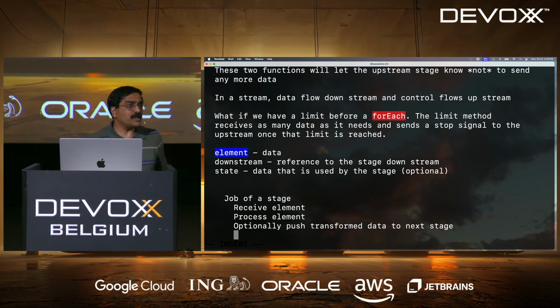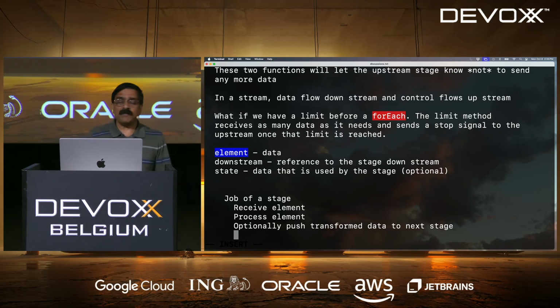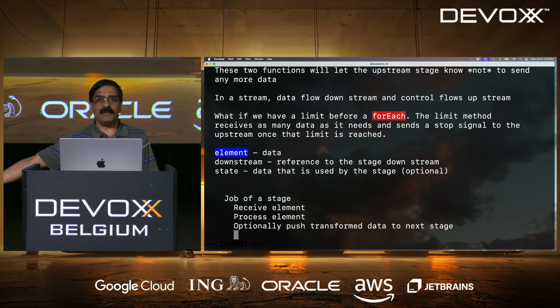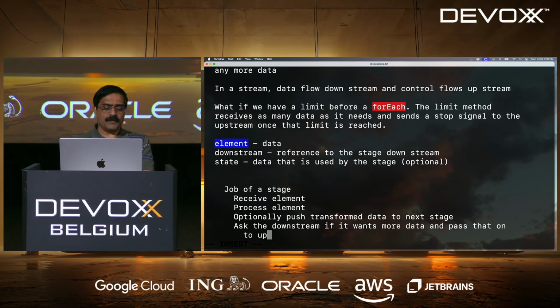Why is it optional? Some stages don't push the data, right? For example, filter may or may not push the data. Limit will not push the data after it reaches the limit. So things like that. And then, ask the downstream if it wants more data and pass that on to upstream.